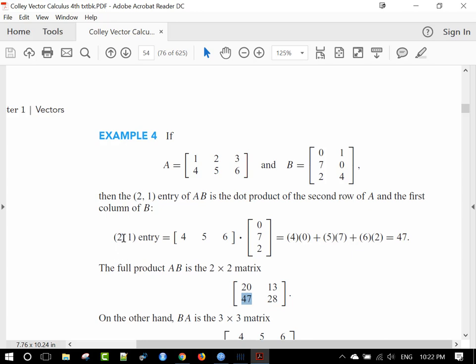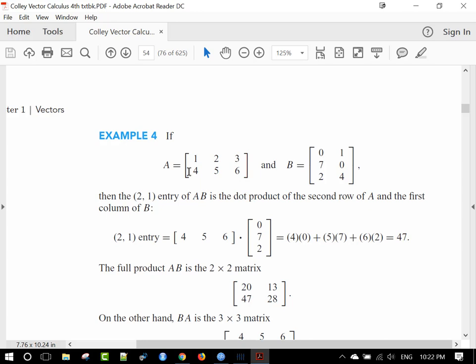So the 2, 1 entry means the second row, first column entry. So that's this 47. Where does this come from? If you want to know this entry, you say, oh, that's the 2, 1 entry, so I want to take the second row from here and the first column from here. It's a little hard to remember at first, but that's what you do.